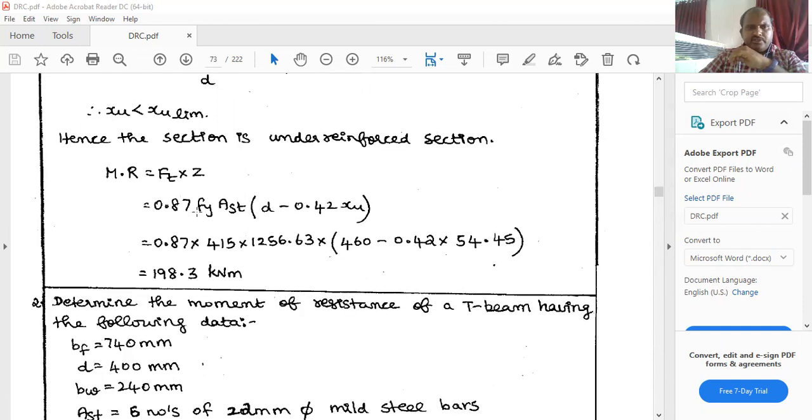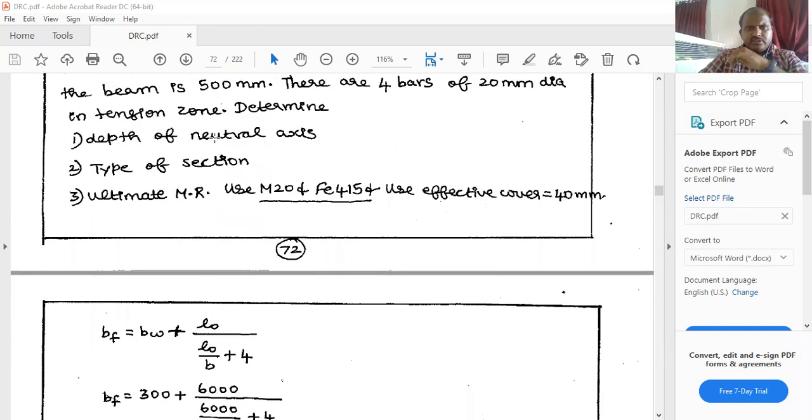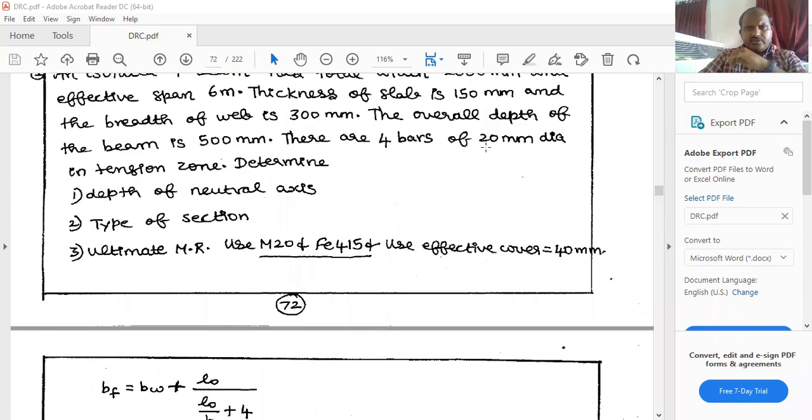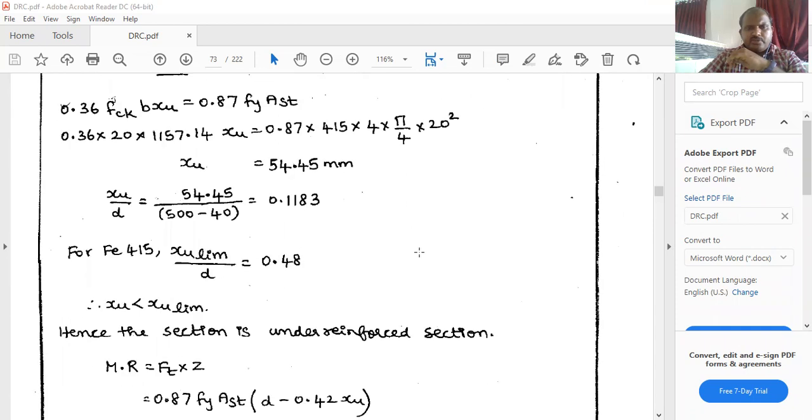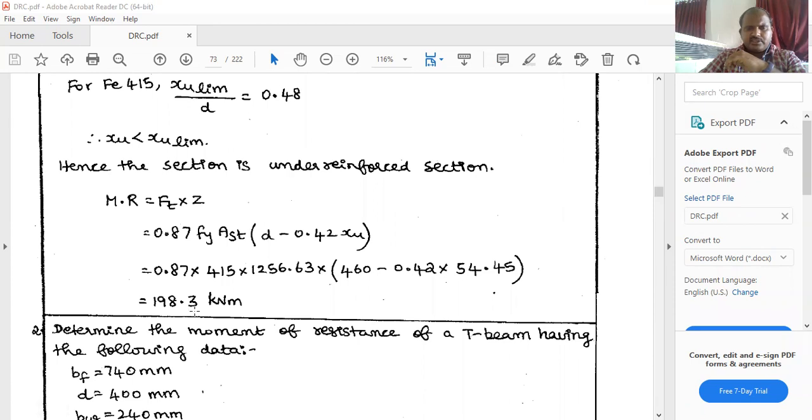FY is 415. The area of steel is 4 bars of 20 mm diameter, which simplifies to 1256.63. D, the effective depth, is 460, and 0.42 into XU is with XU as 54.45. So finally the moment of resistance is 198.3 kN·m.